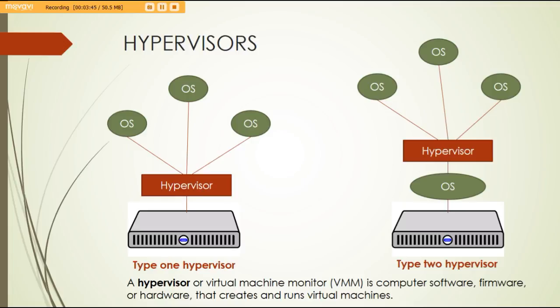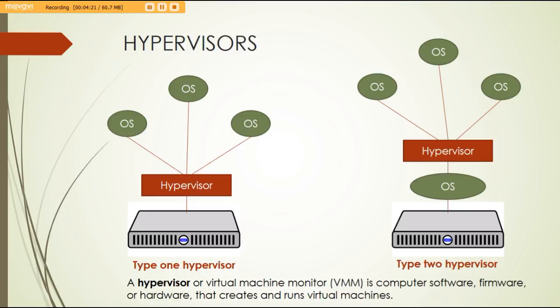There are basically two types of hypervisors: type 1 hypervisor and type 2 hypervisor. By definition, a hypervisor, or virtual machine monitor, is software that creates and runs virtual machines.